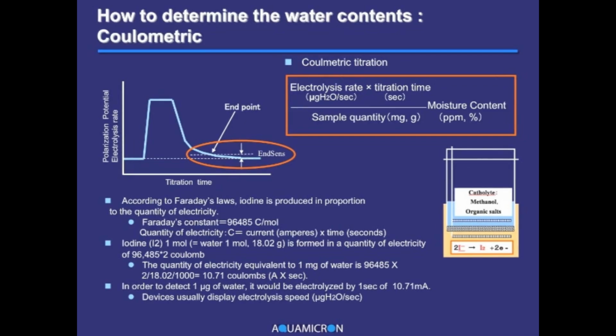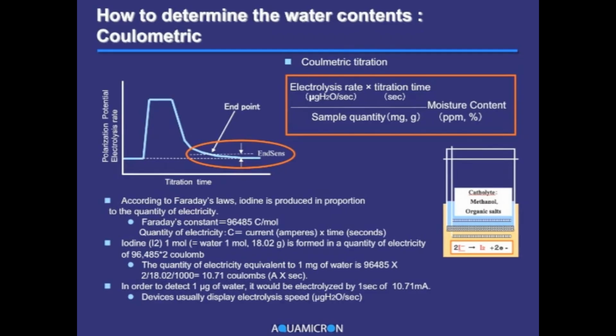192,970 coulombs of electricity corresponds to 18.02 grams of water. When this relation is converted into the value per water weight, 10.71 coulombs of electricity corresponds to 1 milligram of water. In more minute units, 1 microgram of water is equivalent to 10.71 millicoulombs of electricity, the electrical current of 10.71 milliamperes in 1 second.